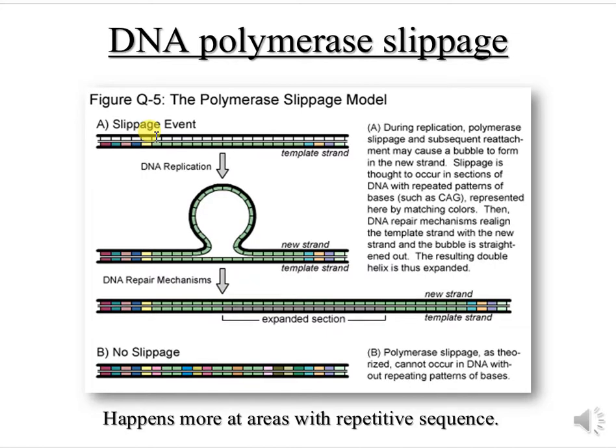So for example, DNA polymerase slippage, right? This is an error that can be introduced during replication and occurs frequently on the lagging strand during DNA replication. It also occurs often in areas where you have repeated or repetitive sequences. Now, when a DNA polymerase is going along the template strand and it encounters a run of repeated sequences, at this point it can't effectively clamp onto the template.